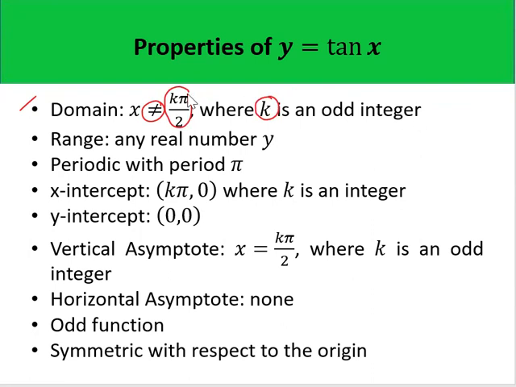And these k pi over 2, the vertical asymptotes happen at these angles, or at these values of k pi over 2. So, for example, a vertical asymptote is x equals pi over 2. Actually, there are a lot of vertical asymptotes, but k, of course, is an odd integer.